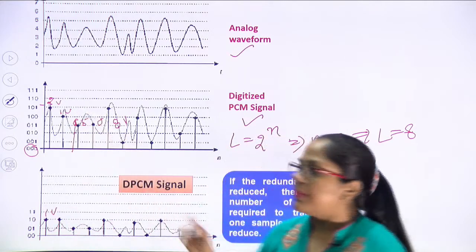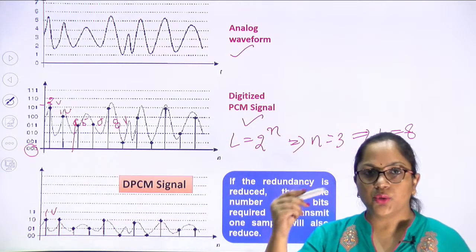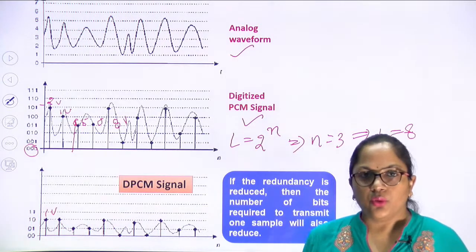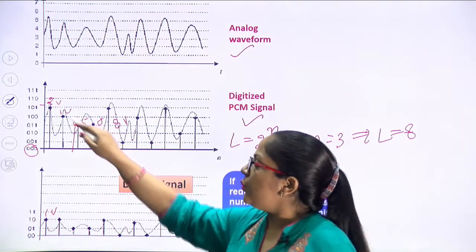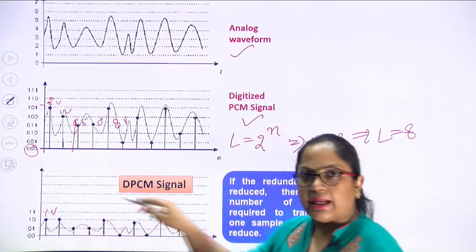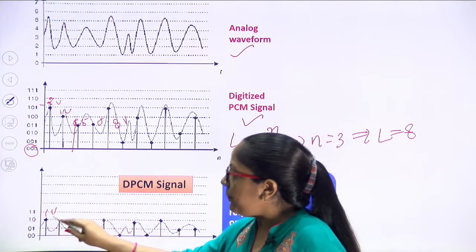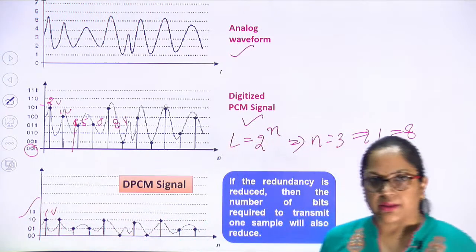So rather than transmitting the binary corresponding to the 2 volt sample and the 1 volt sample, we will take the difference of these two, then assign the levels, quantize that 1 volt signal and then transmit it. Okay.